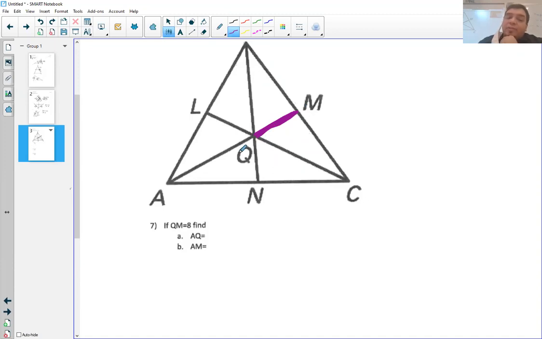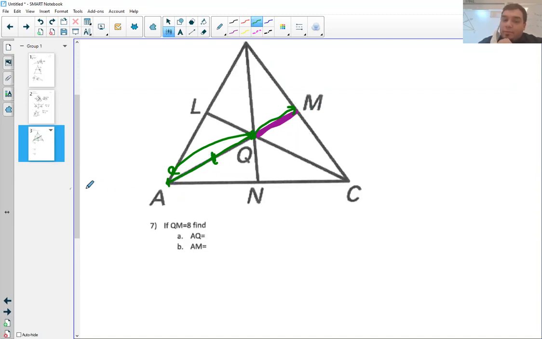Let's go. So this one is the tough one because their relationships are a little weird. QM is going to be half the size of QA. Once again, QM is half the size of QA. Another way to think about it: from the middle to the side, you see how this hits the side? It's going to be half the size of the middle to the corner.